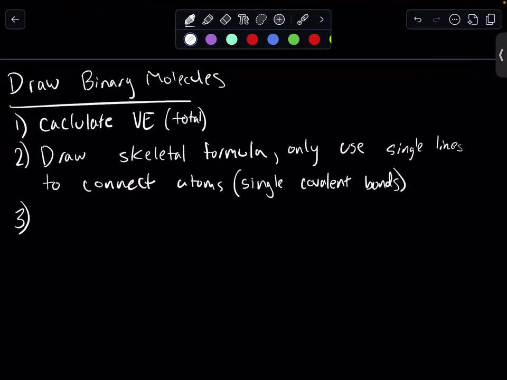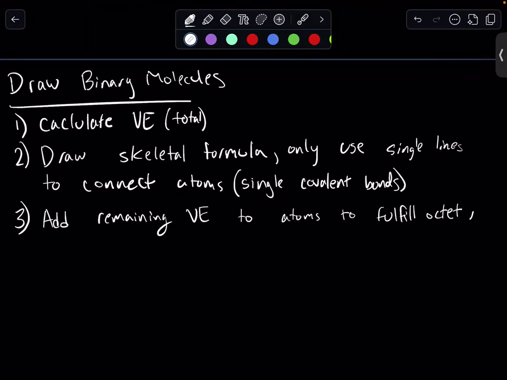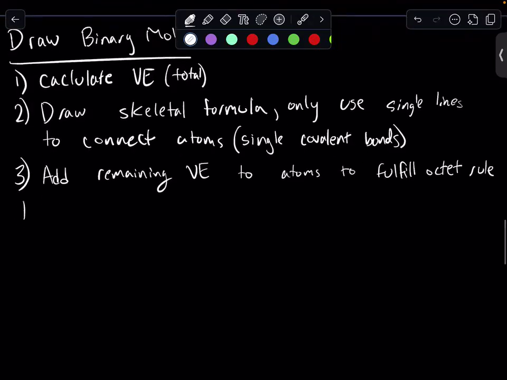Then step 3, we will add remaining valence electrons to atoms to fulfill the octet rule. Remember, everything wants 8 valence electrons. And then step 4, we're just going to check our final structure.